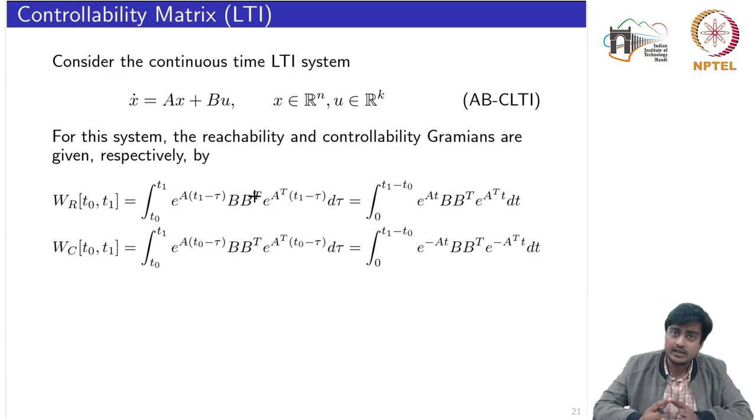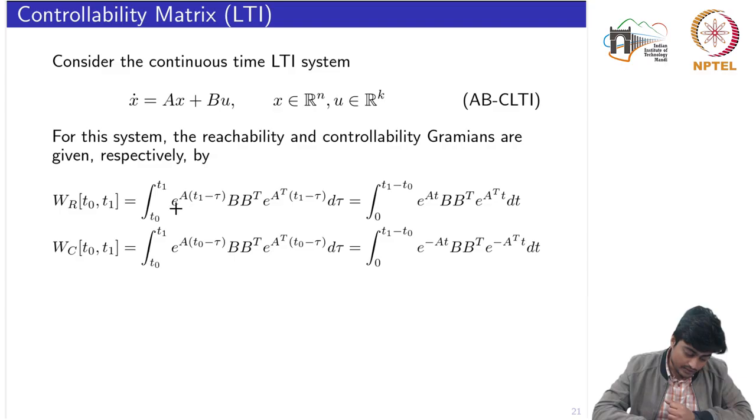state transition matrix. Now for the LTV system, we already knew that computing the state transition matrix is pretty difficult. But for the LTI system, we have some flexibility, in that we can express the state transition matrix in terms of the exponential matrix. So this is what we have done. We just replace the state transition matrix phi with the exponential matrix with a single argument, t minus tau.